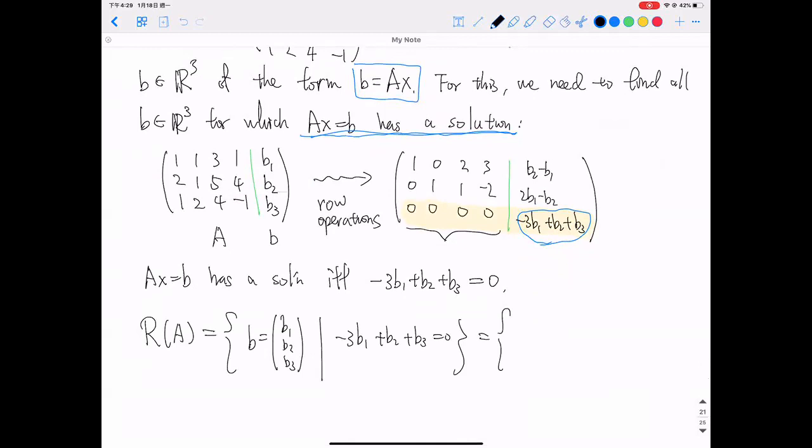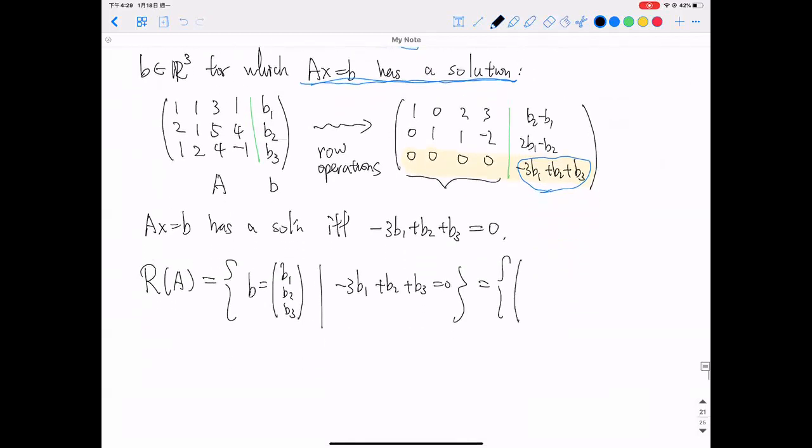And you can certainly rewrite this as follows. If we have fixed b1 and b2, then b3 is determined by this: it's 3 b1 minus b2. And b1 and b2 are arbitrary.